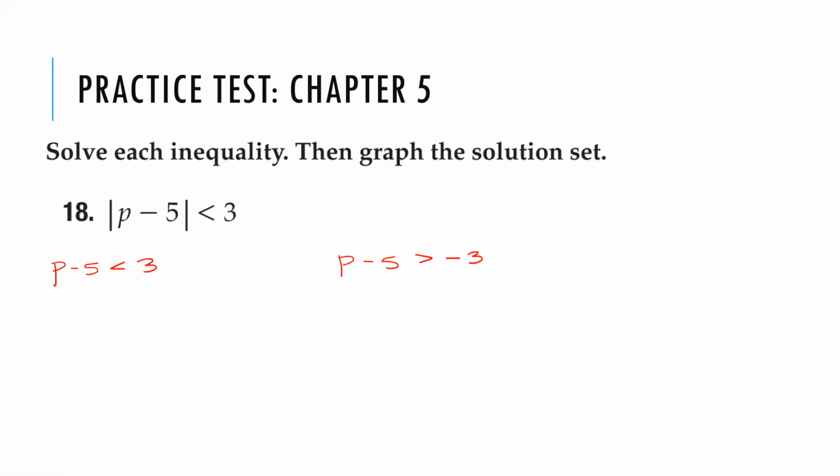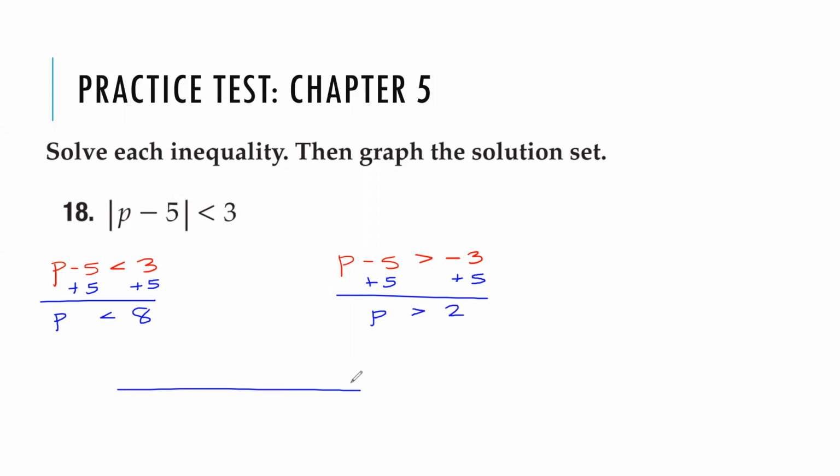So then I'm going to solve both of these inequalities. I'm going to add 5 to both sides, so I have p is less than 8. And then over here, I'm going to add 5 to both sides, and p is greater than +2. So now, when I graph this, I have an open circle at 8, and then I have an open circle at 2, and then everything in between is going to be shaded because it's greater than 2, but less than 8.